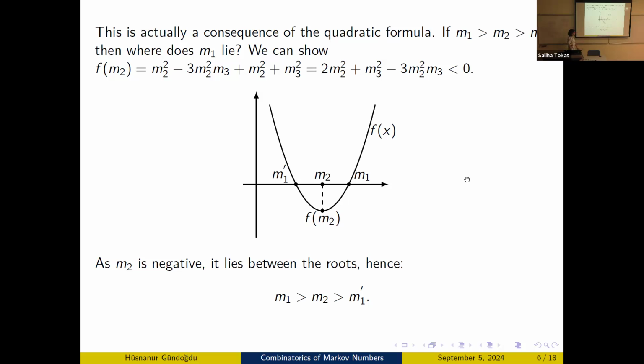So M2 is bigger than M1 prime. Like we observed, the maximum gives us a triple with a smaller maximum. And if we do the same thing for M2 and M3, again we can conclude that we get another triple with larger maximum.